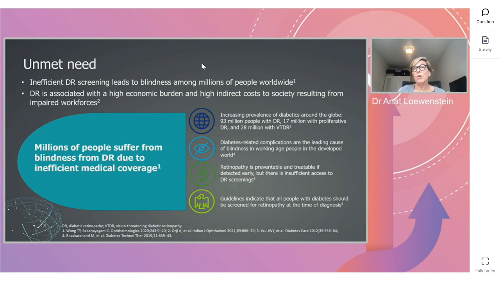This causes the development of diabetic retinopathy. Diabetic retinopathy is known to carry a very high economic burden, not only of the treatments, but we are treating patients that are still in the workforce. And because of lack of screening and the fact that we are seeing them at a very advanced stage of their disease, it is also a matter of cost to the society.